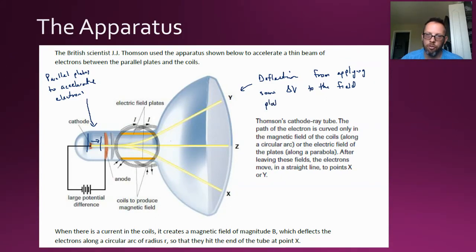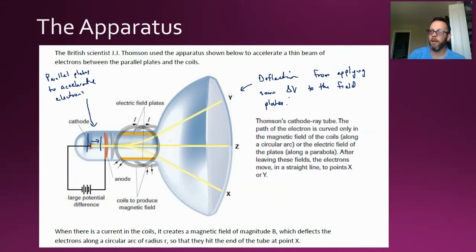And so you can imagine, by varying the voltage, if you have a really high potential difference, really high voltage, you'll get lots of deflection. If you turn it down, you get a little bit of deflection. Turn it off, you get no deflection.